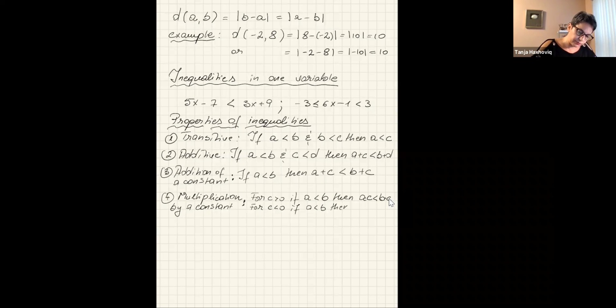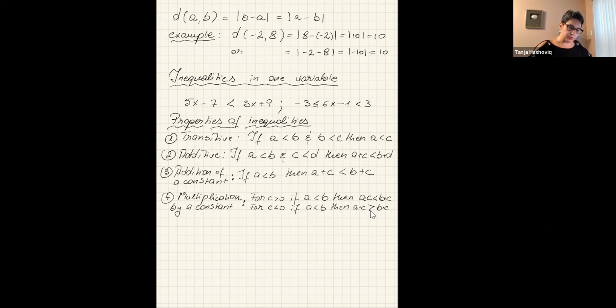So then A times C is greater than B times C. It's not the same as the previous one. The direction of the inequality when you multiply by a positive number does not change, but if you multiply by a negative number, the direction of the inequality reverses.